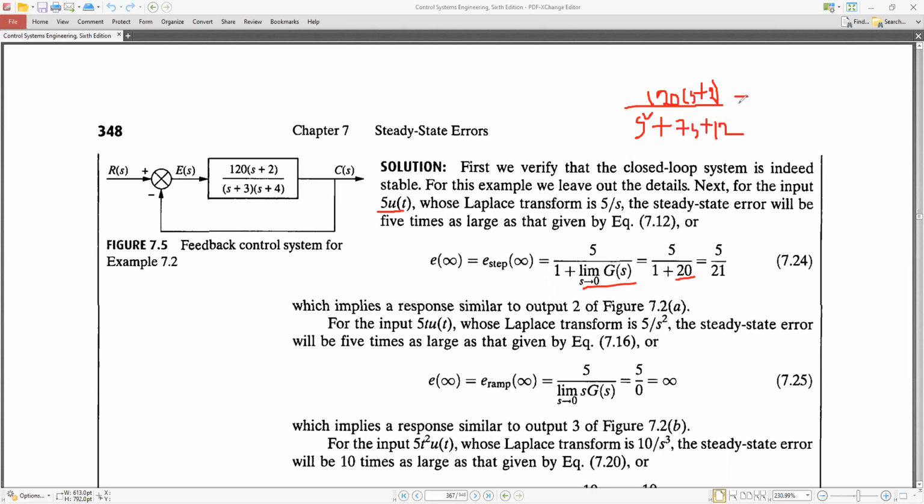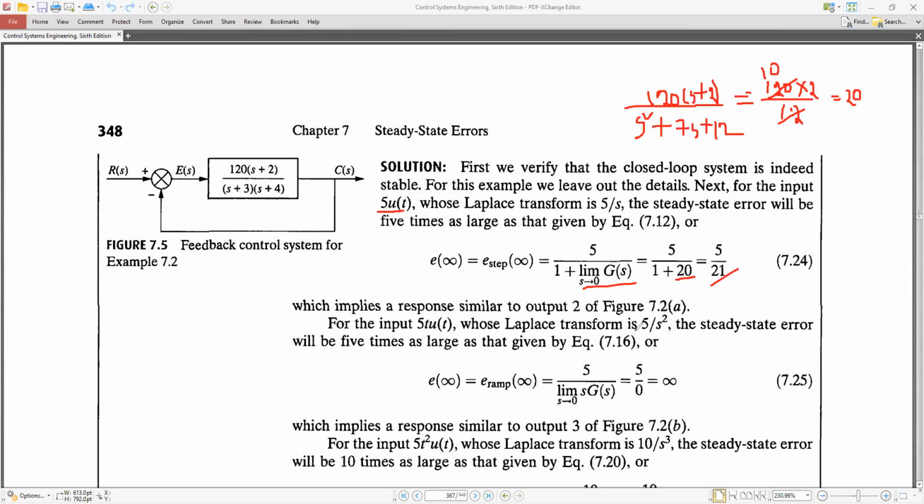If s is equal to 0, then what would happen? It would be 120 into 2, so it would be 20. So 20 plus 1, 21.